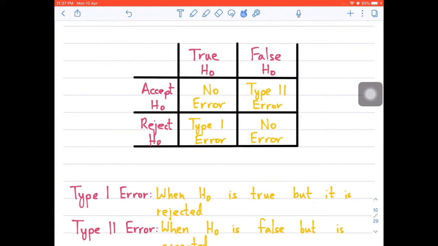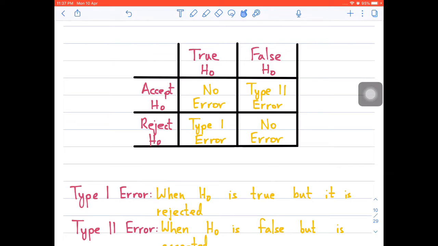Okay, so this is a simple table. When we're carrying out a hypothesis test, there are four possibilities. The first possibility is that the H0 that we have, the null hypothesis, is true. If that true null hypothesis is accepted, then there is no error, because it was a true statement that was accepted.